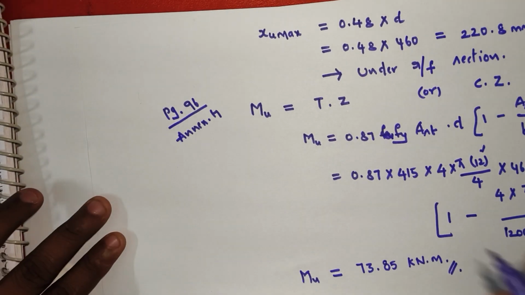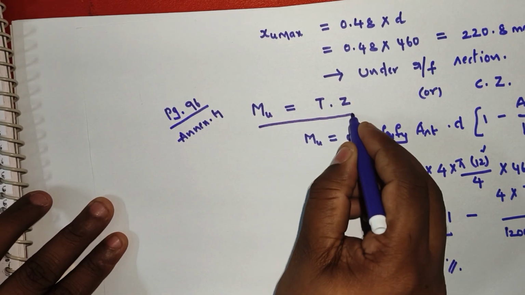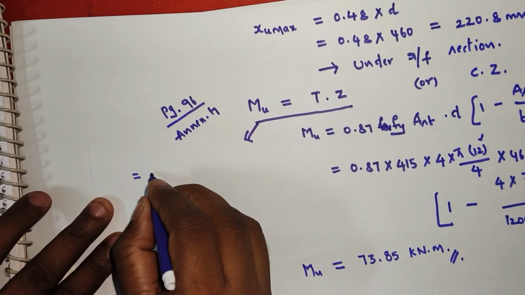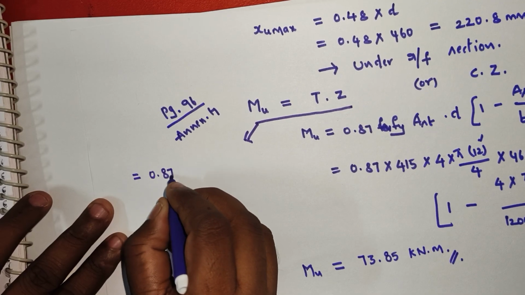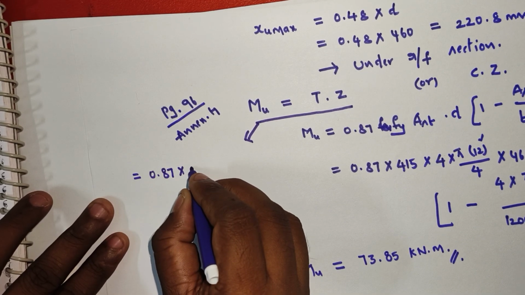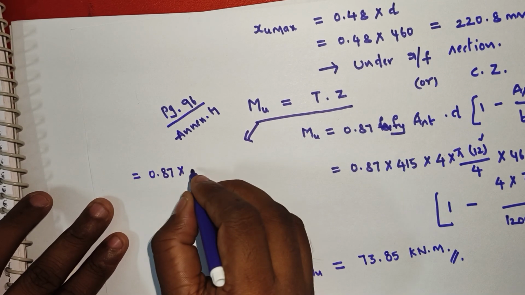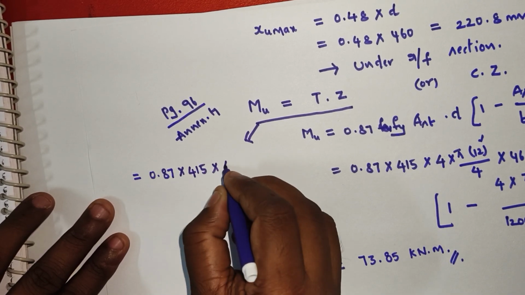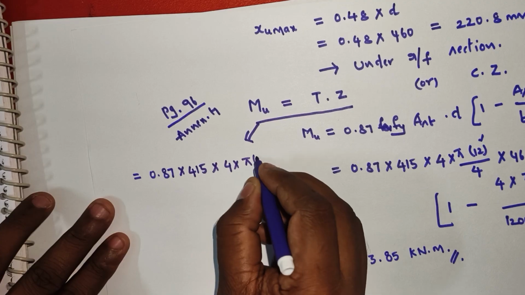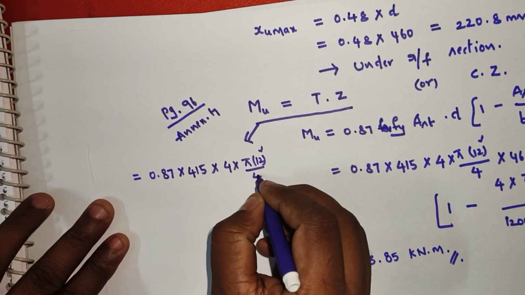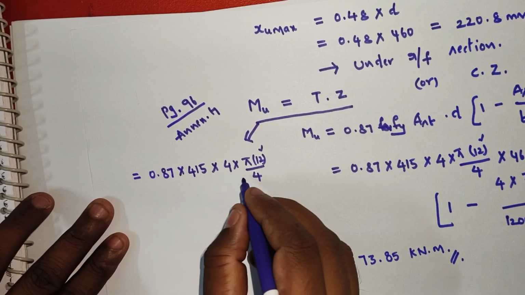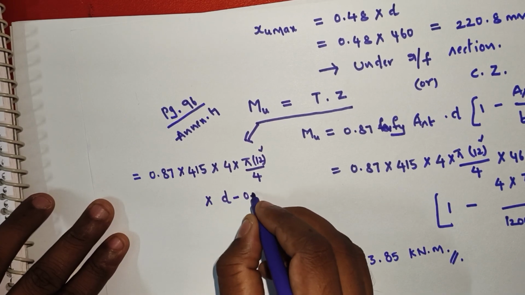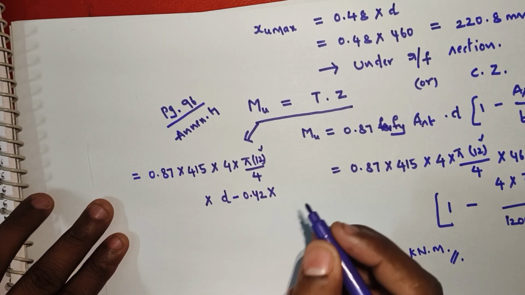You can also determine this Mu value by using this one. T is equal to 0.87 fy Ast, with fy 415 and Ast 4 into pi d square by 4. Mu is 0.87 fy Ast multiplied by d minus 0.42 into xu.